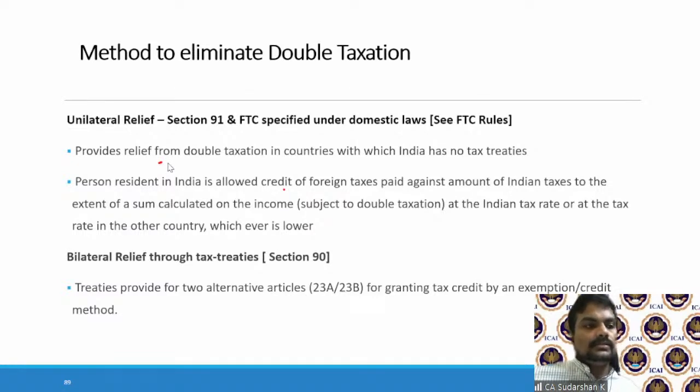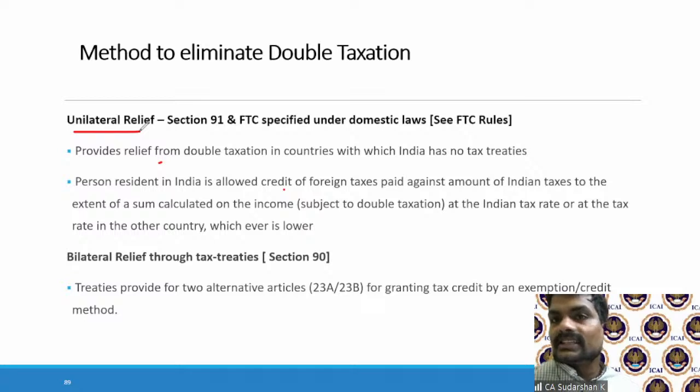First, we will focus on the two ways in which double taxation can be relieved. That is by giving a unilateral relief. So what do you mean by unilateral relief? That is, the country itself will say, I'll give you foreign tax credit. Whatever taxes you have suffered in the other country, I will give you as a rebate.